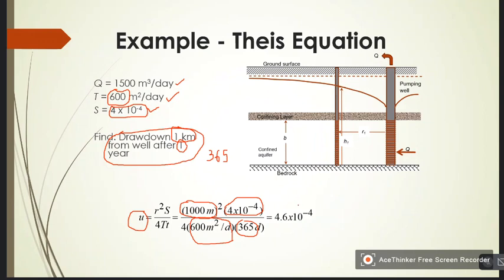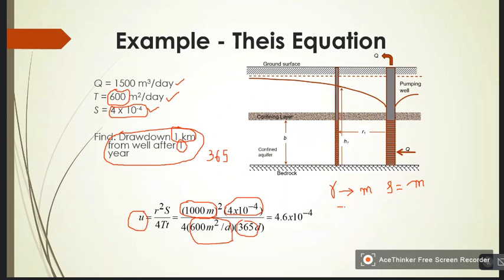So what you should remember is, if you substitute R in meters, your s, small s, the result will be automatically in meters.